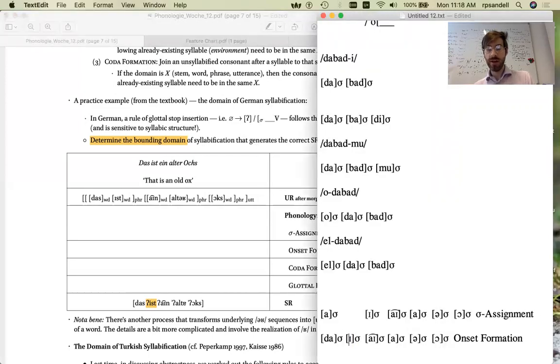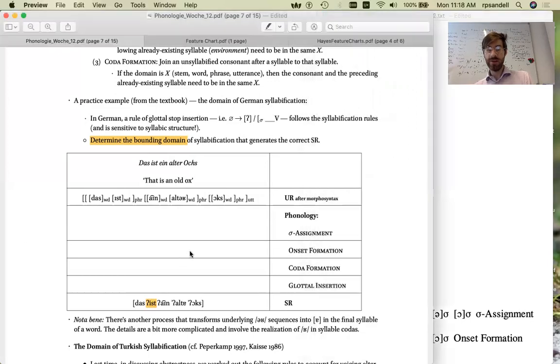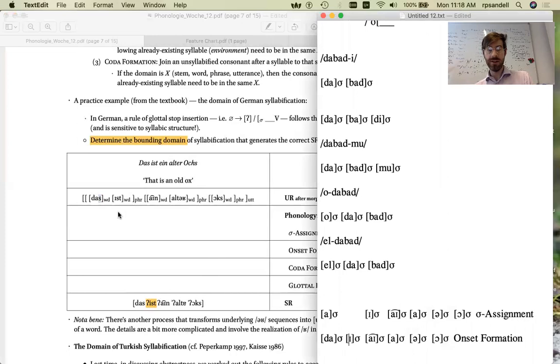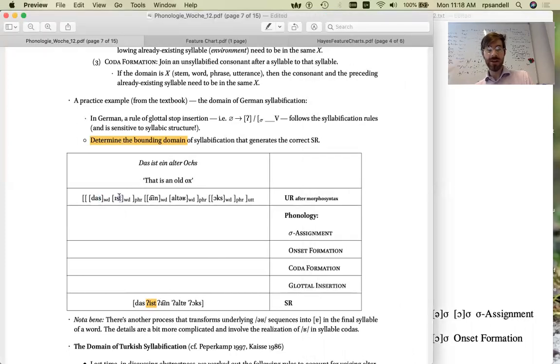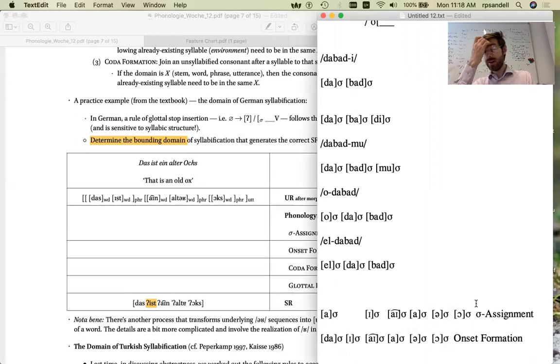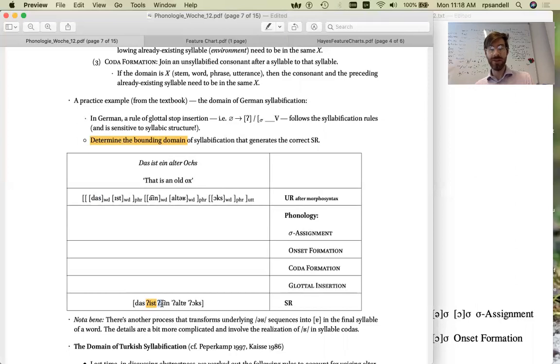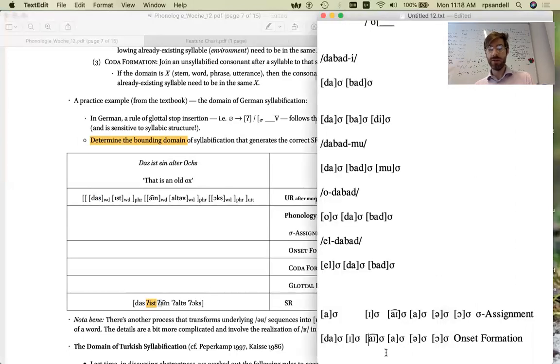So this tells us that at this phase of onset formation, the S can't be inserted into the onset here. And similarly, the ta and the sa to the left of the diphthong I can't be placed into the onset of that syllable. Again, otherwise, the glottal stop that actually occurs there wouldn't be inserted.